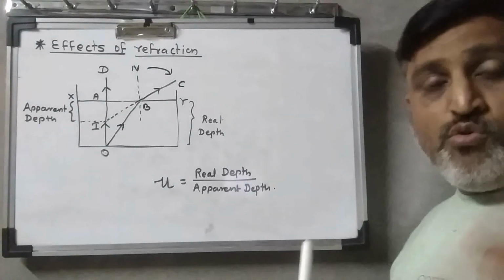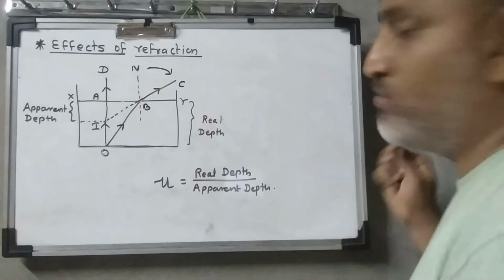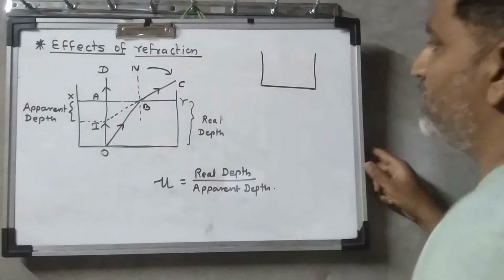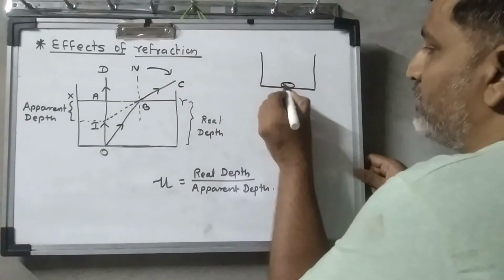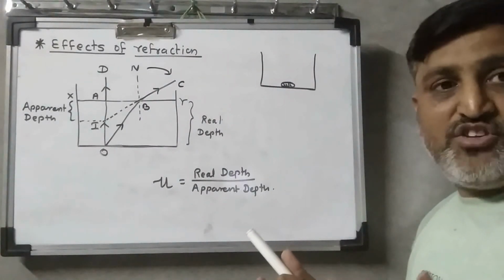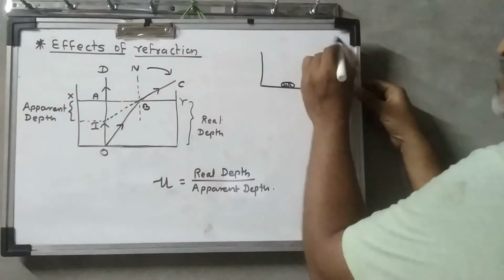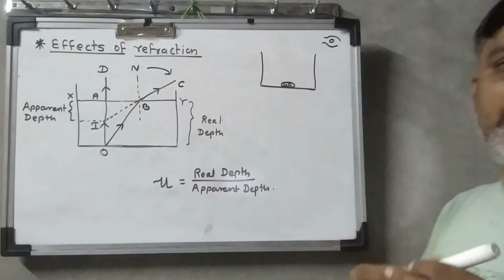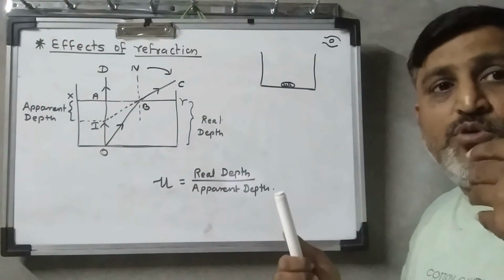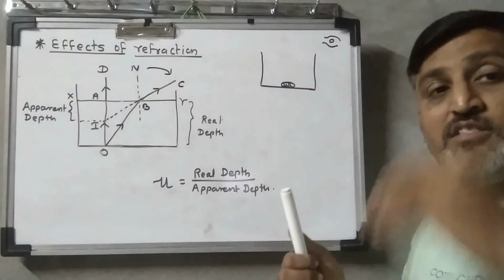Now, to make this effect of refraction clearer, take a container, say a glass tumbler, and put a coin at the bottom of the empty tumbler. As you watch the coin and move back from the glass, up to a certain distance you can see the coin.